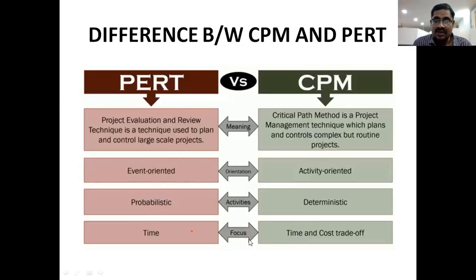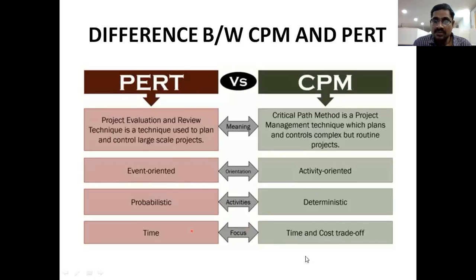And next, coming to the focus. CPM focuses on time and cost trade-off, but PET is totally focused upon time only. So here we focus on the time as well as cost for each and every activity in the total project.